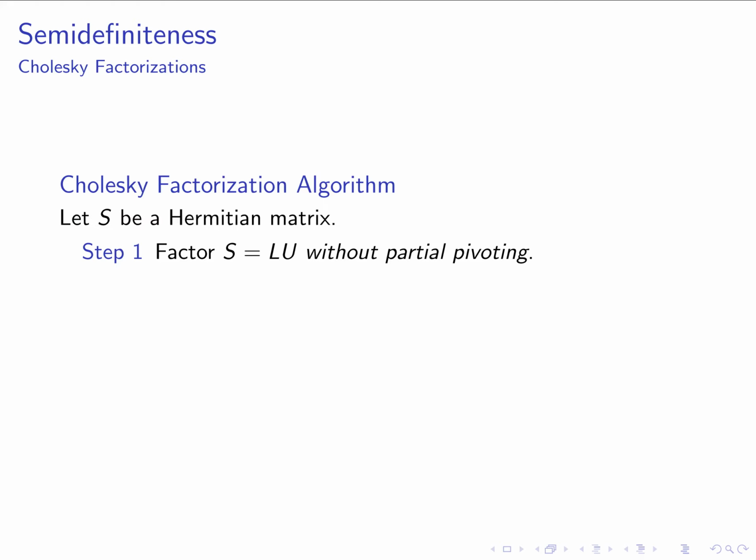So let's walk through an algorithm for constructing a Cholesky factorization. So the algorithm is as follows. Let's start with a Hermitian matrix called S. In step 1 of this algorithm, we attempt to factor S as L times U and we ignore the method of partial pivoting.